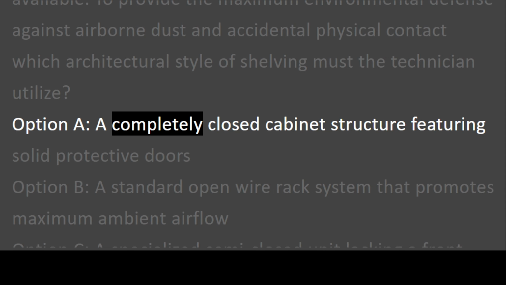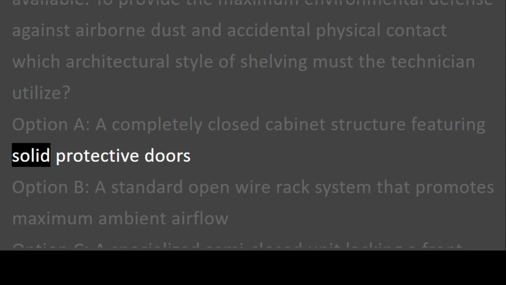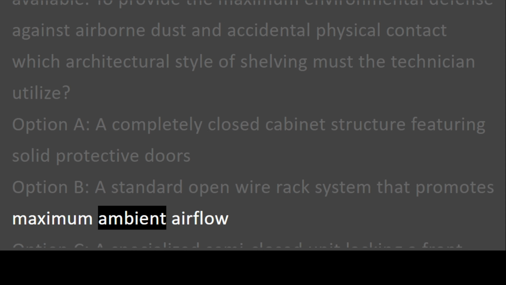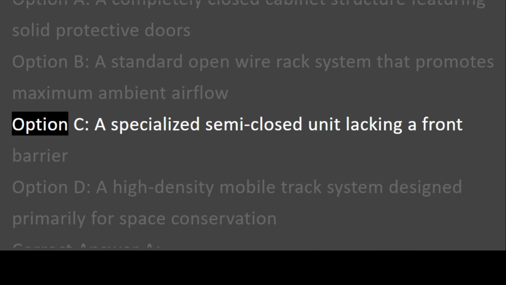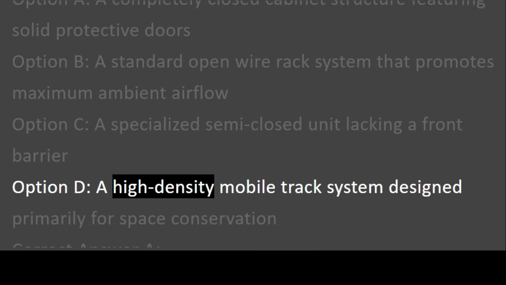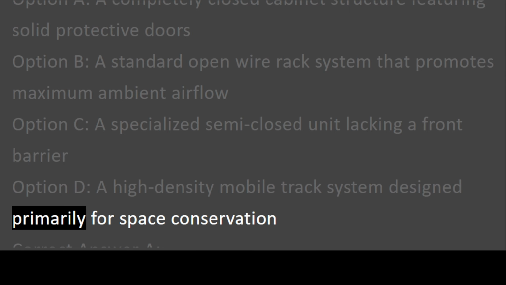Option A. A completely closed cabinet structure featuring solid protective doors. Option B. A standard open-wire rack system that promotes maximum ambient airflow. Option C. A specialized semi-closed unit lacking a front barrier. Option D. A high-density mobile track system designed primarily for space conservation.